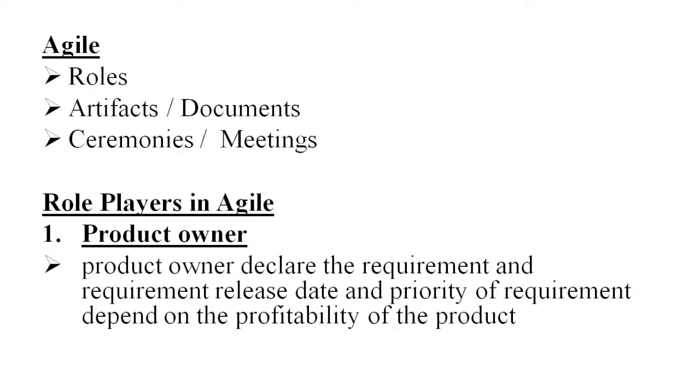So the first role of agile methodology is the product owner. The product owner declares the requirement of the update. What is the requirement?